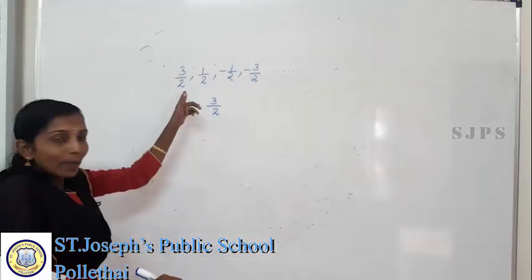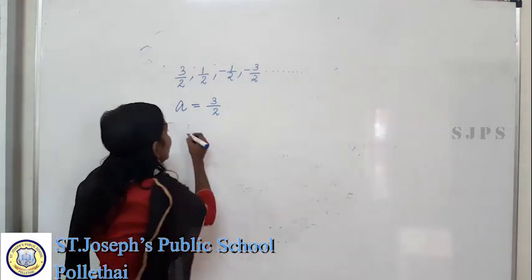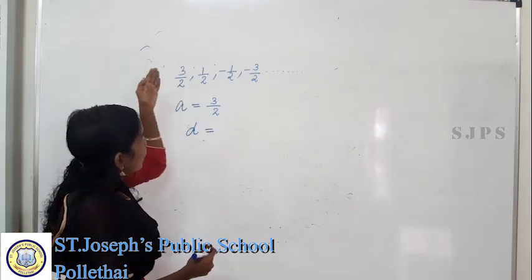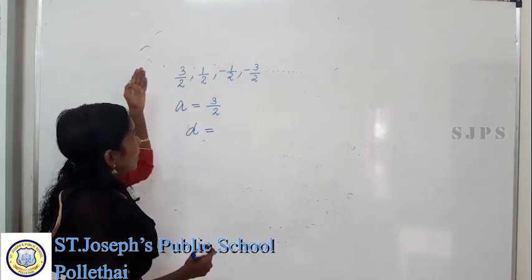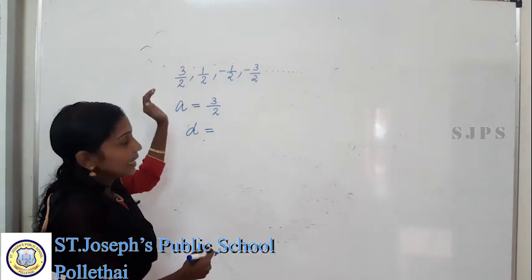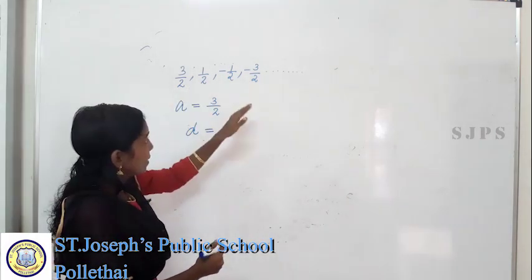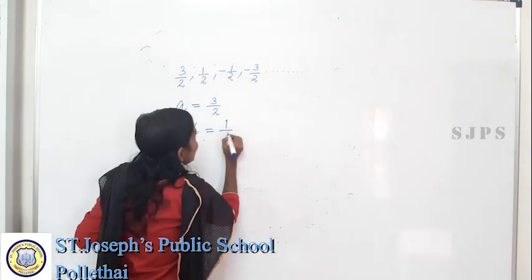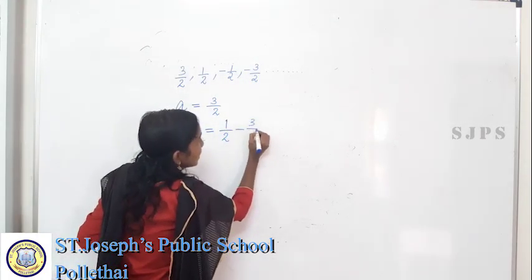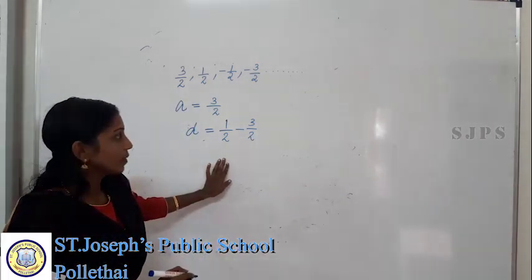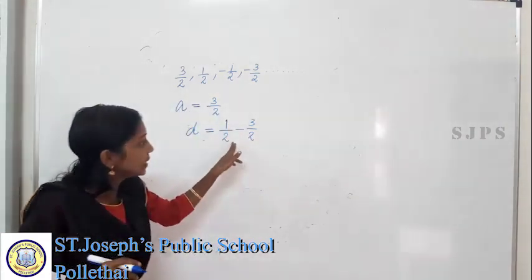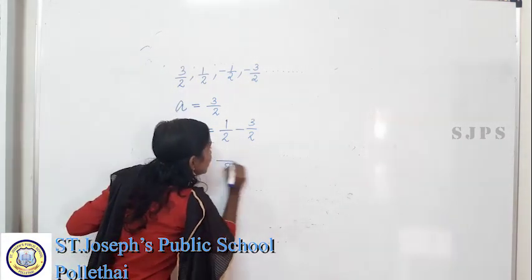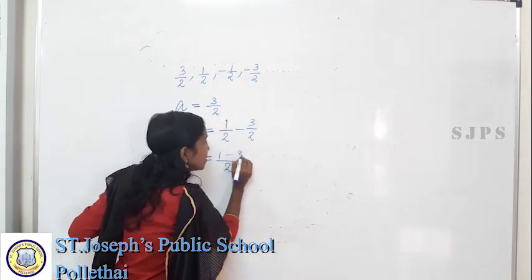Then to find the common difference from this AP, D is equal to, we subtract the preceding number from the succeeding number. From any two consecutive terms we can take 1 by 2 minus 3 by 2. Here the fractions have the same denominator, so we write the denominator 2, then 1 minus 3.